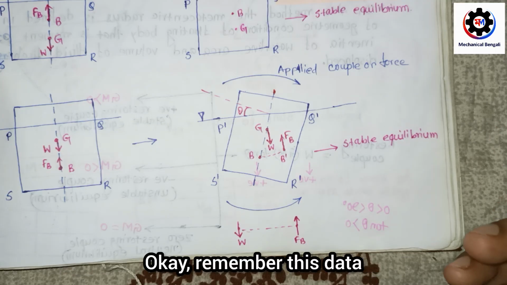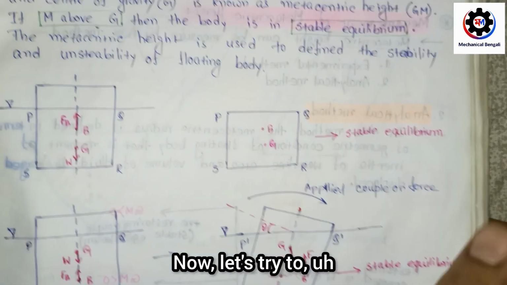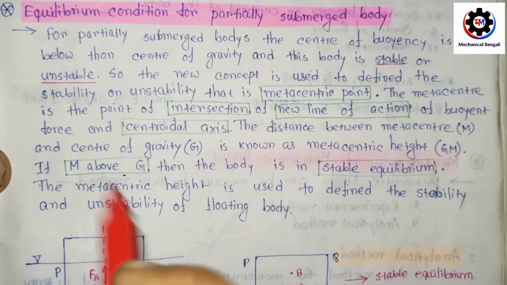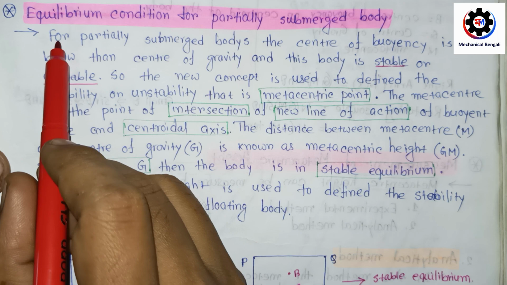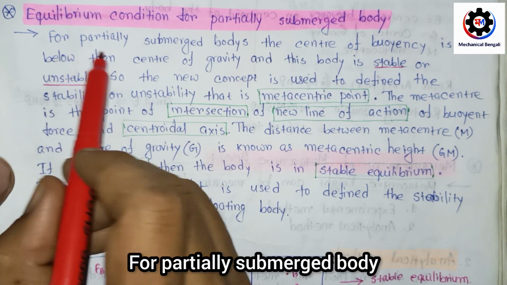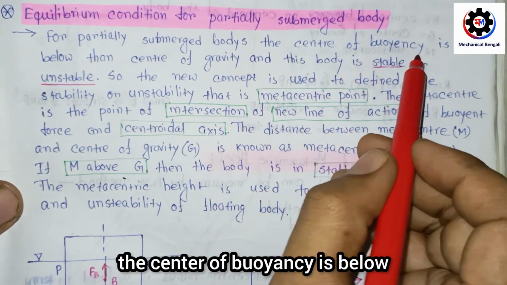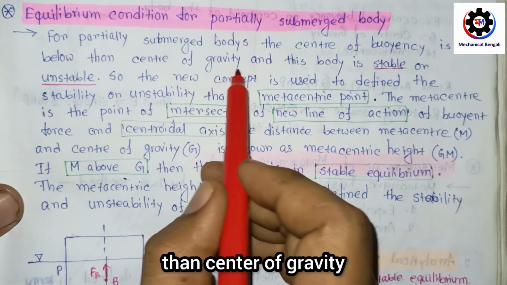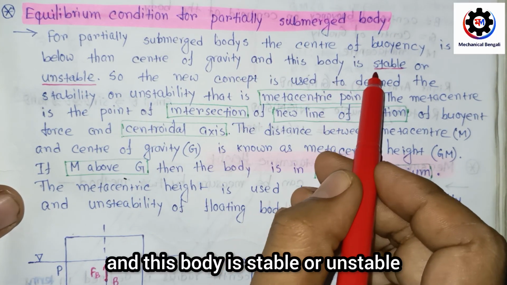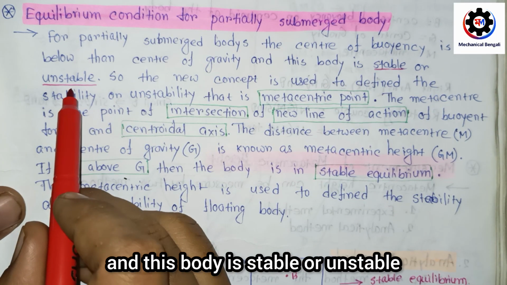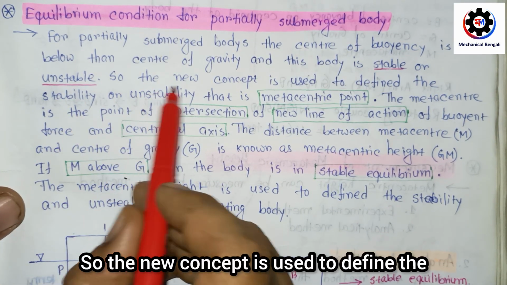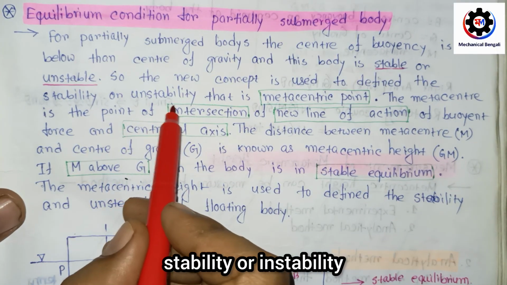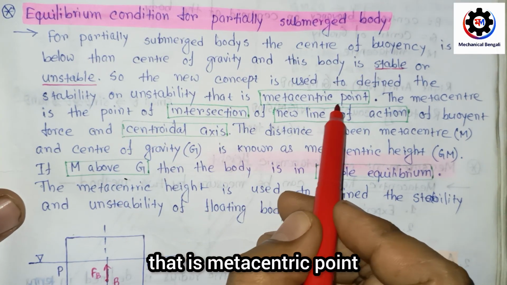Remember this. Now let's understand what is written in this book. For a partially submerged body, the center of buoyancy is below the center of gravity, and is this body stable or unstable? The new concept used to define stability or instability is the metacentric point.